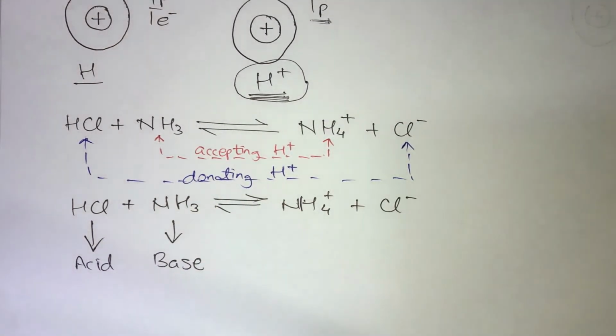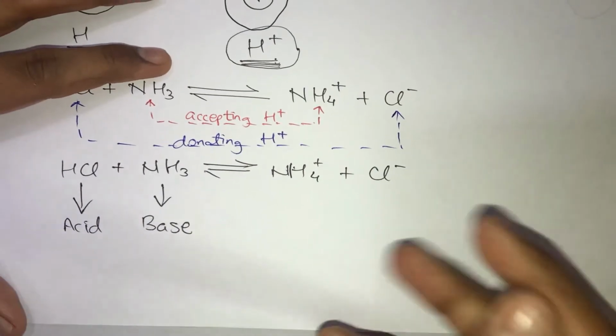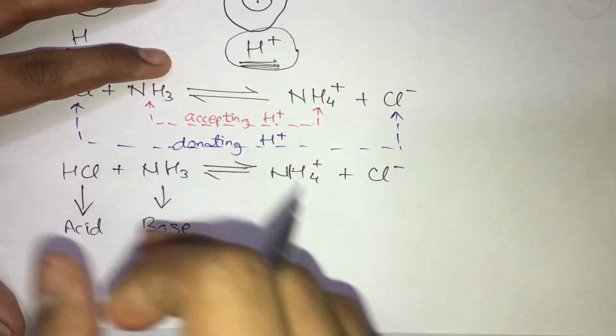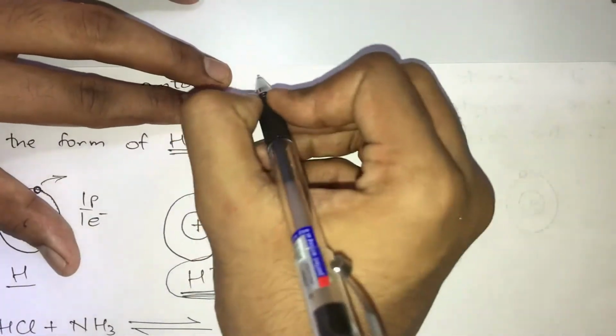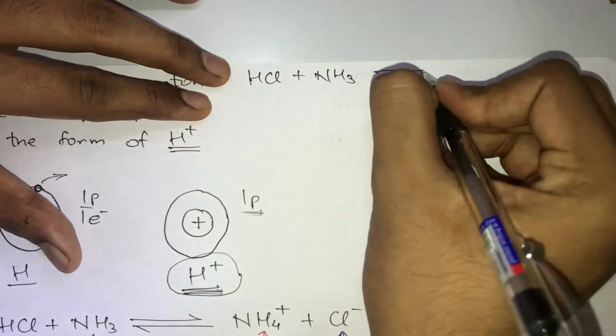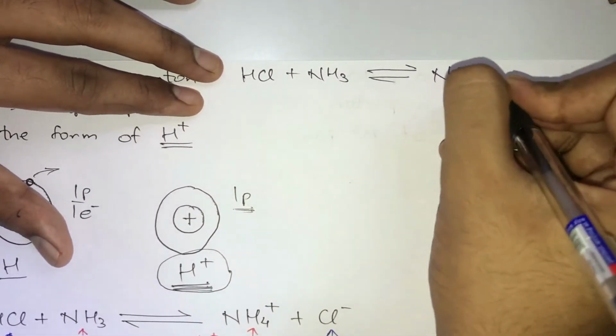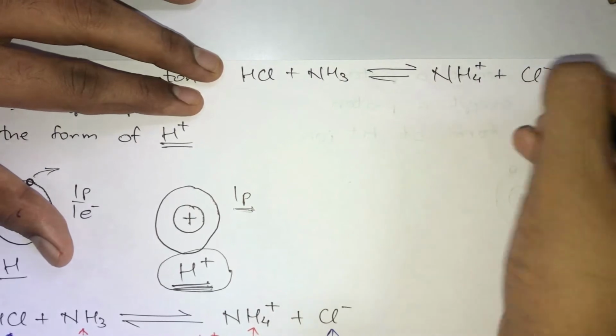So now let us see what is going to happen in a reversible reaction where these products are going to turn into reactants. Let us write our reaction. HCl plus NH3 is a reversible reaction giving us NH4 plus Cl minus.